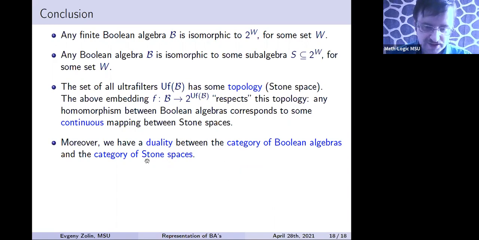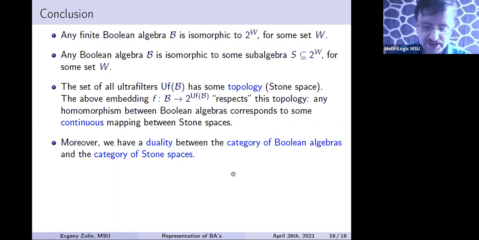So this is quite a nice result in category theory, and one can generalize this to more general objects: Boolean algebras with operators, Kripke frames, algebras for intuitionistic logic, and so on.